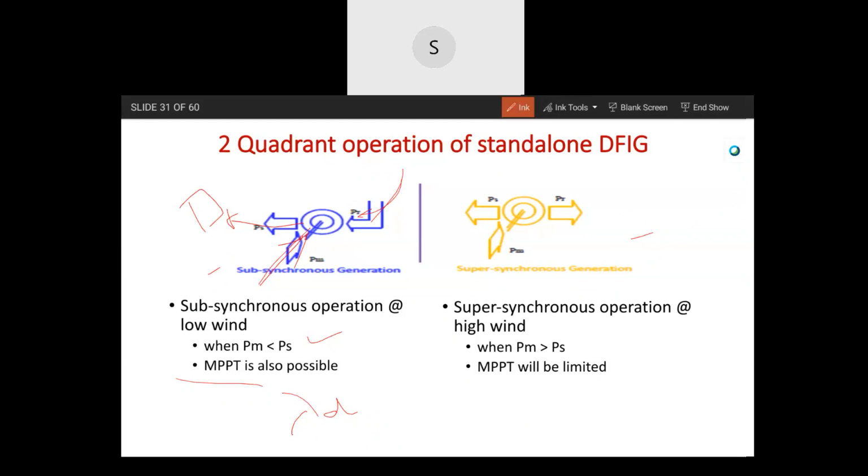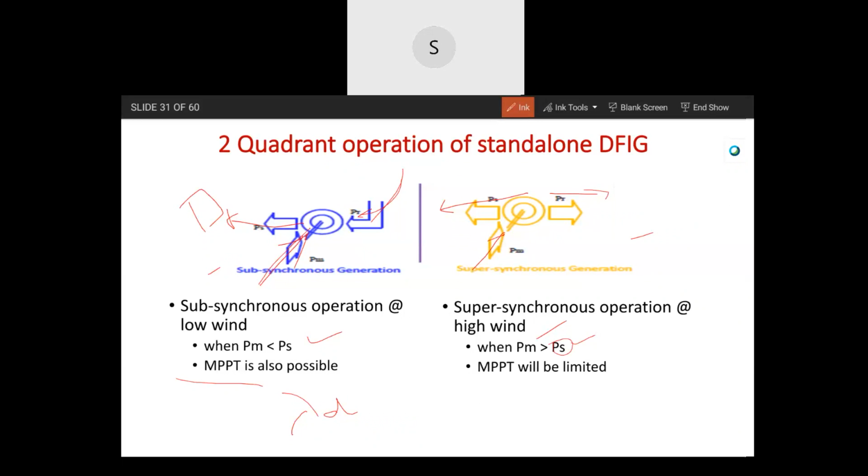Now, supersynchronous operation. Supersynchronous operation means mechanical turbine power input, stator power output, and rotor power output. This is possible when the turbine is producing power greater than the demand on the stator side. On the AC network, in a hybrid AC-DC network, whatever the load is, say that is PS, the stator power requirement.